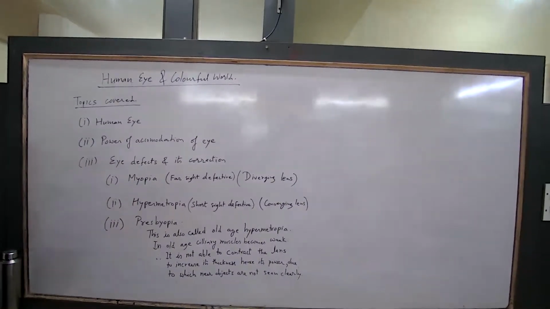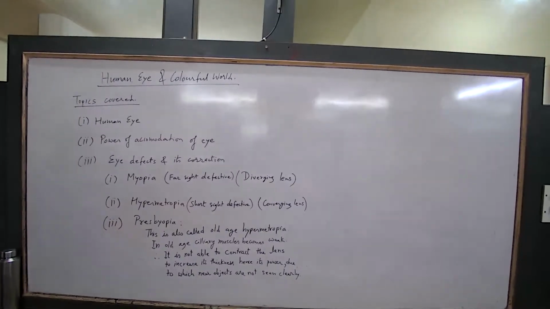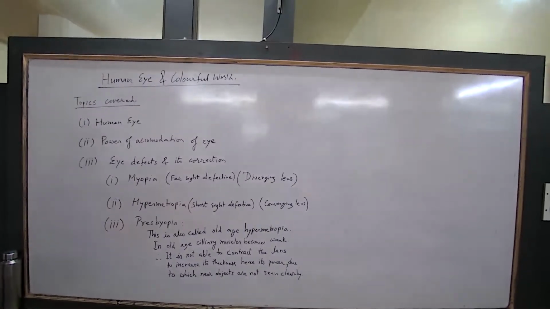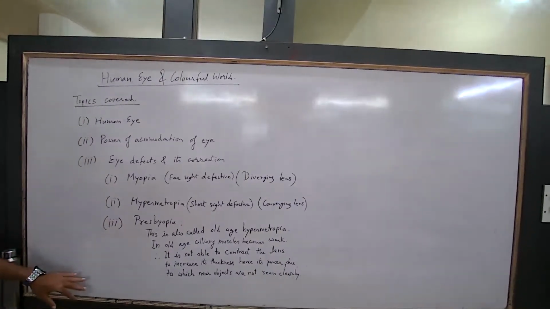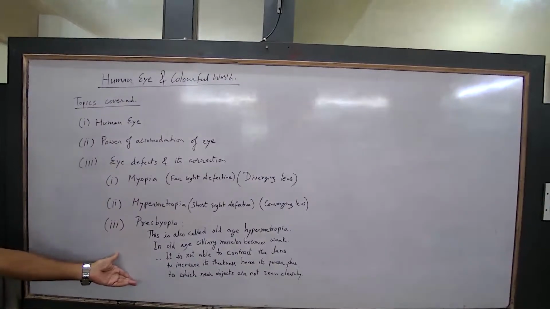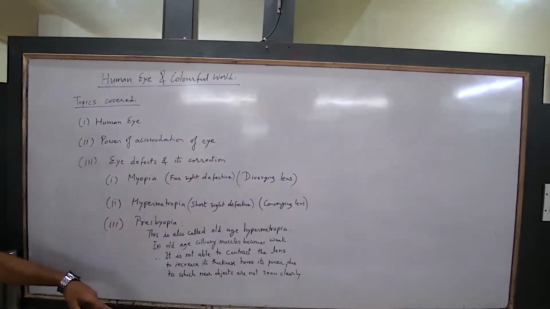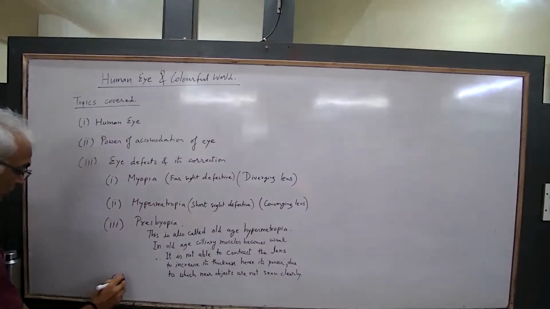Now in the book, it is slightly confusing because there is another problem. Some eyes suffer from both the defects, myopia and hypermetropia. That is a separate topic, but it appears as if it is part of presbyopia. It is not part of presbyopia. That is a different disease, right? Let's put it differently.